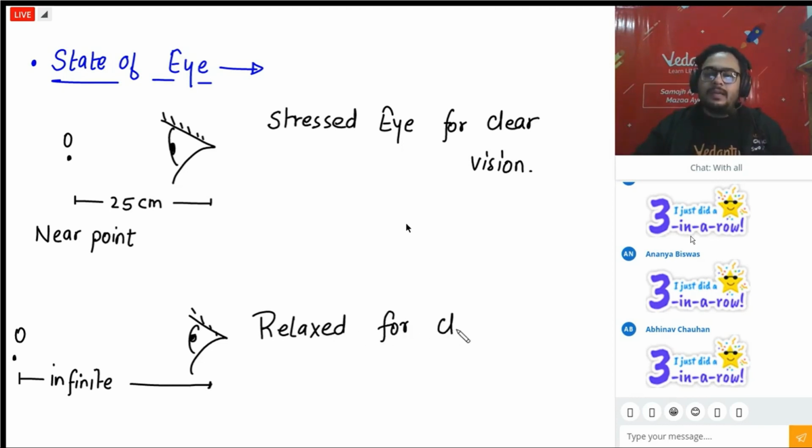Relaxed for clear vision. So that is why we used to play the 20-20 game. Remember? I used to tell you to look away from the screen at something very, very far away. I did not used to say take a ball and look at it very, very closely, because then your eyes would get more stress, and they would not relax.